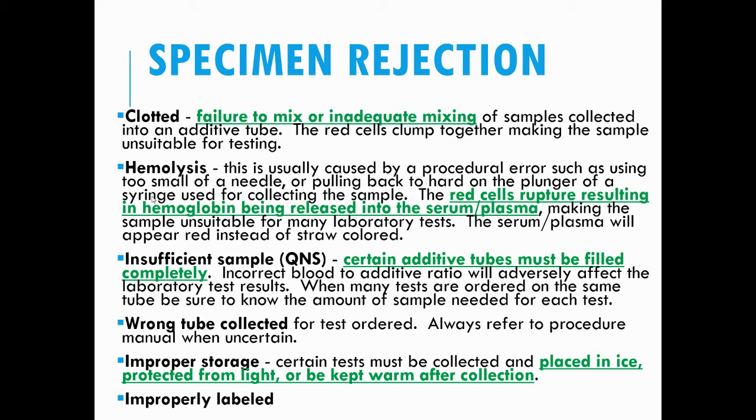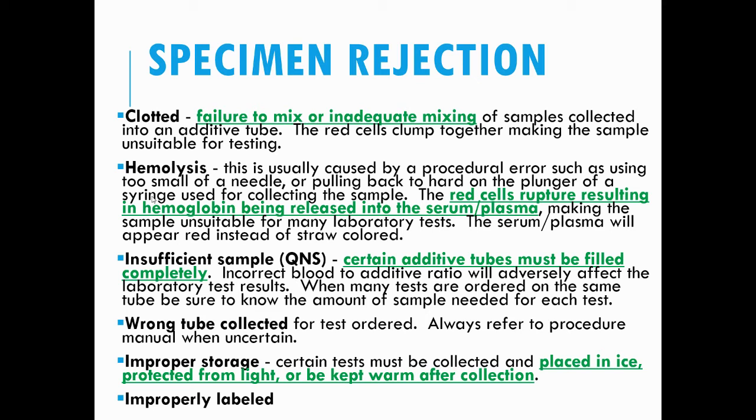You cannot properly obtain serum if you did not mix properly, and hemolyzed samples also. Usually the causes of error are using a small needle, pushing and pulling the needle, and pulling back the plunger of a syringe when using the syringe method.